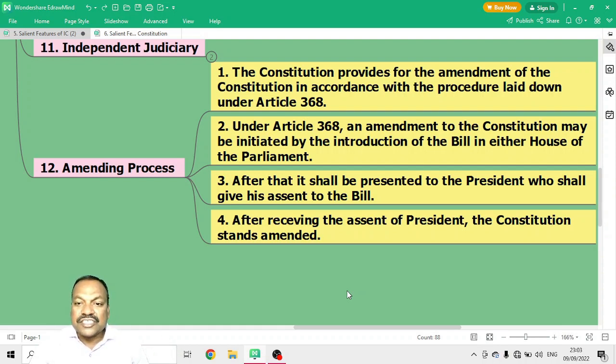Under Article 368, an amendment to the Constitution may be initiated by the introduction of a bill in either House of Parliament. After that, it shall be presented to the President of India, who shall give his assent to that bill. And after receiving the assent of the President, the Constitution stands amended.